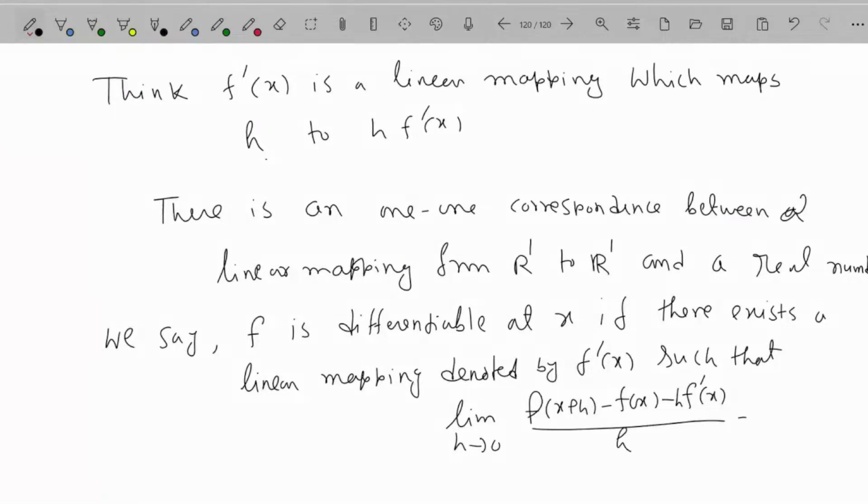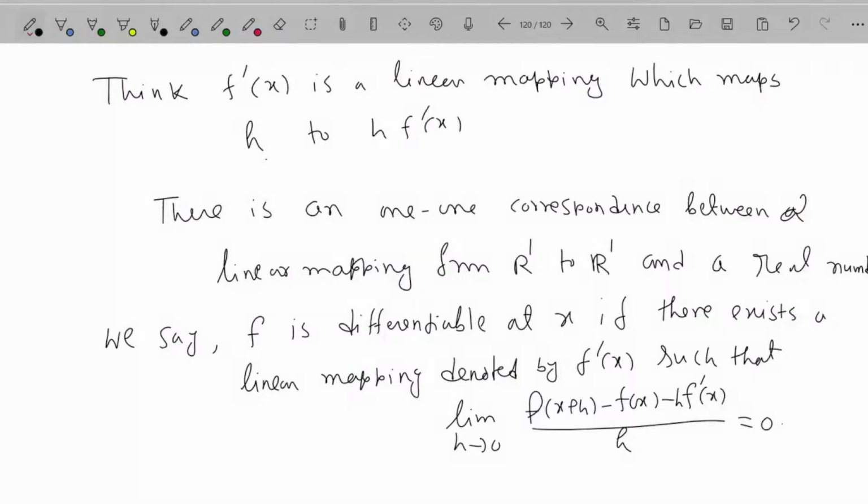Okay, so this is our new way of saying that a function is differentiable at x if there exists a linear mapping from R1 to R1 such that limit h tends to 0, f of x plus h minus f of x minus h into f dash x, that is the linear mapping acting on h, divided by h equals 0.